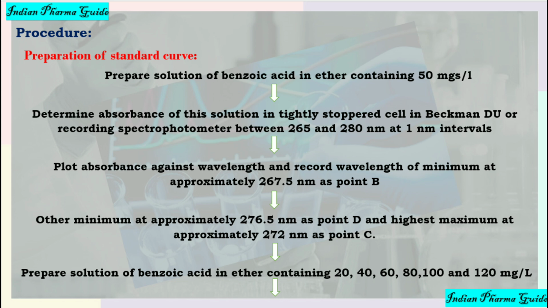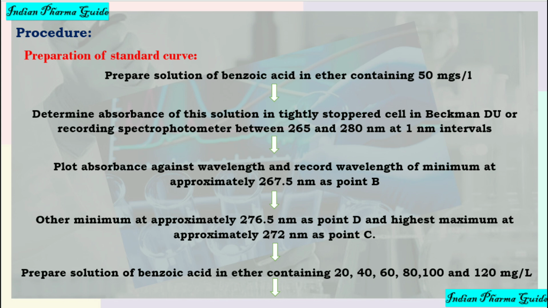In preparation of the standard curve, first prepare the solution of the benzoic acid in ether containing 50 mg per liter and determine the absorbance of the solution in a tightly stoppered cell in a Beckman DU or recording spectrophotometer between 265 and 280 nanometers at 1 nanometer intervals, and plot the absorbance against the wavelength.